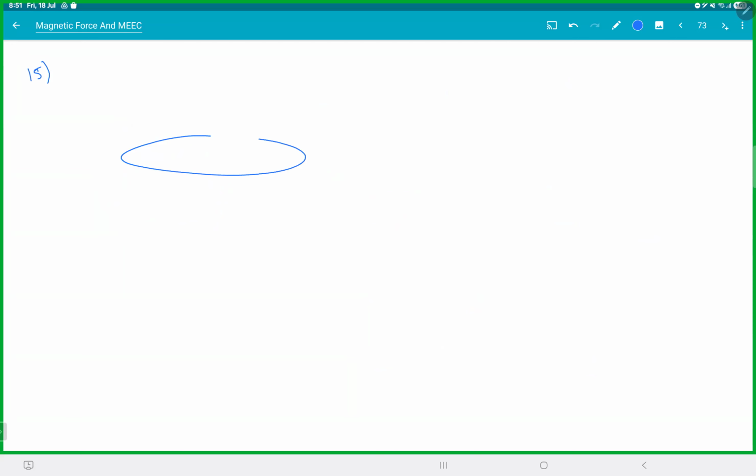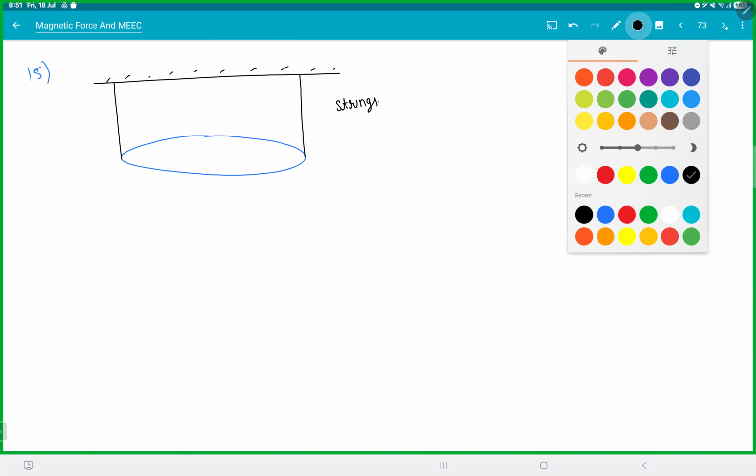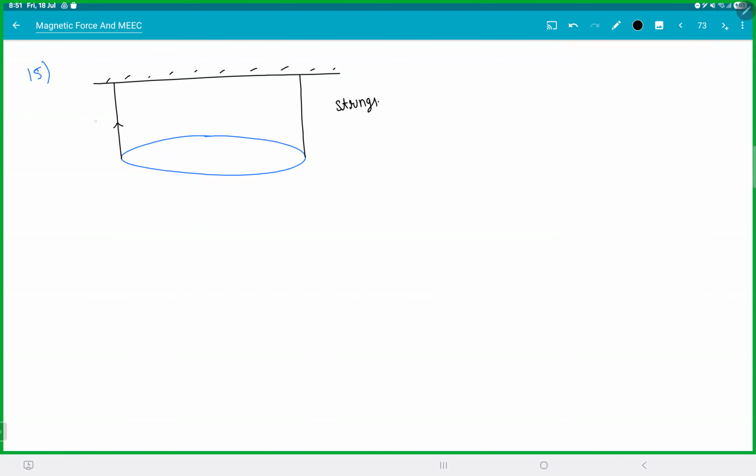Let's say we have a current carrying loop. We have two strings. Let this tension be T1 and let this tension be T2.